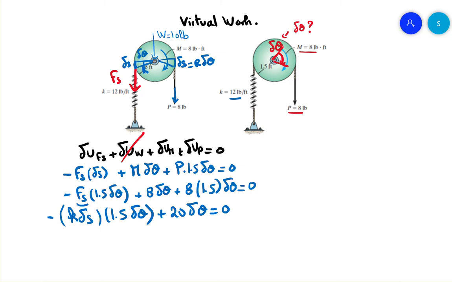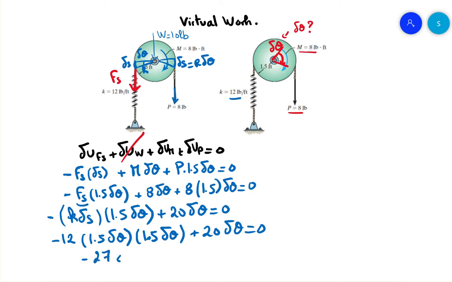So minus K, which is minus 12, times delta S, which is 1.5 delta theta, times 1.5 delta theta, plus 20 delta theta, is equal to 0. So we have 12 times 1.5 times 1.5, which is minus 27 delta theta squared plus 20 delta theta.